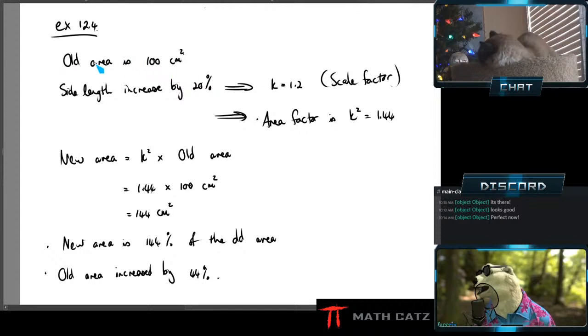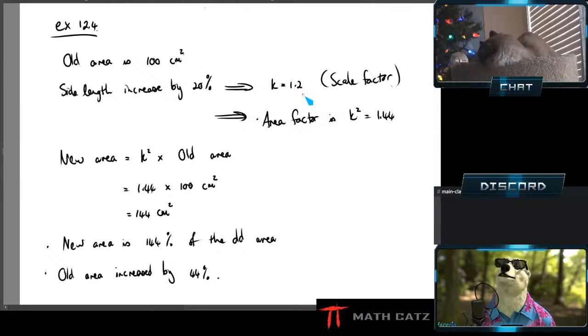So the old area is 100 square centimeters. The side length increased by 20%. That's what they said. I then interpret that as the scale factor being 1.2, 20% above my base. That then immediately tells me that the area factor, the factor by which the area changes, is k squared.